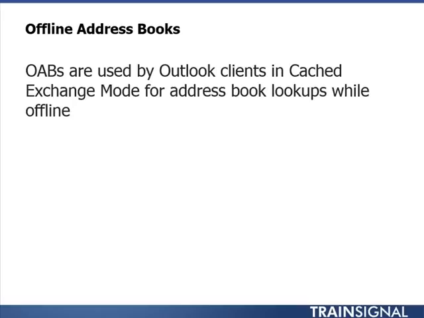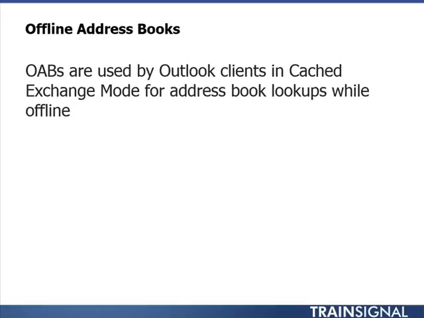So by having this offline address book, it really helps you in terms of being able to find those addresses. However, in some companies, the global address list is huge, and so you might configure offline address books that are specific to the individual, and so perhaps narrow down the individual's needs so that that offline address book is something that's more manageable.